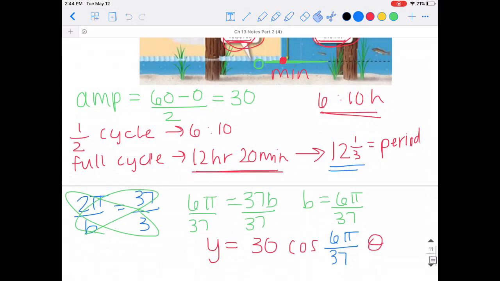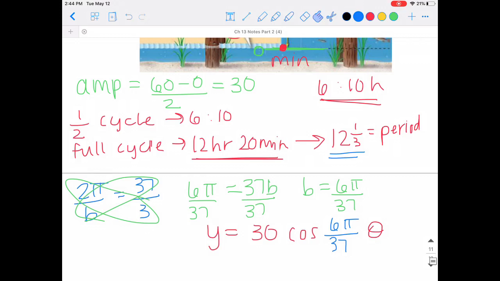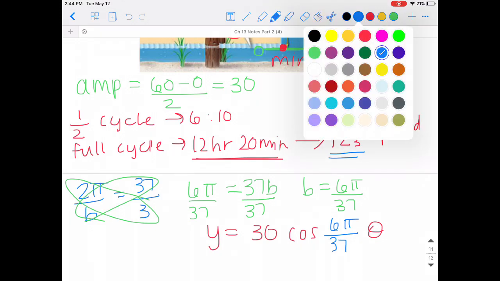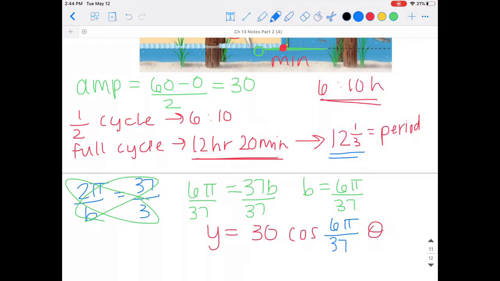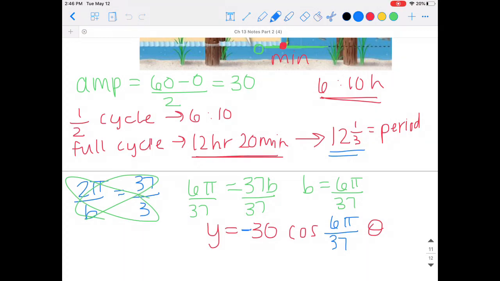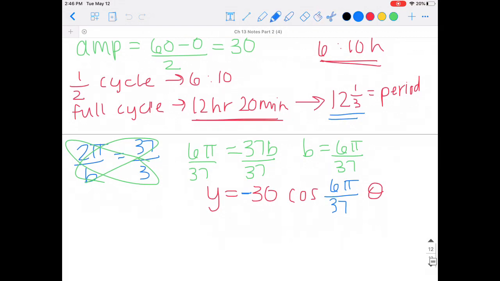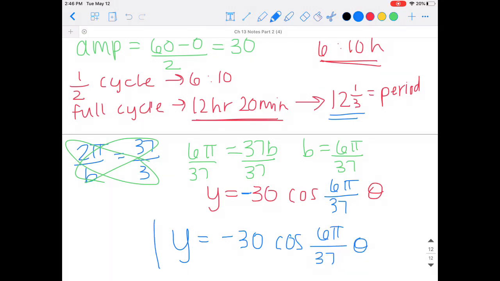Anytime you have a cosine function where you're starting at the minimum value, that means that there's a reflection over the x-axis, which tells you that there has to be a negative a value. So anytime you're starting your graph at the minimum, your a value is always negative. So don't forget to take that into consideration. So our final function for this model is going to be y equals negative 30 cosine of 6 pi over 37 theta.